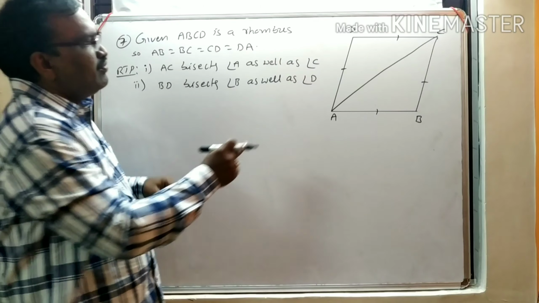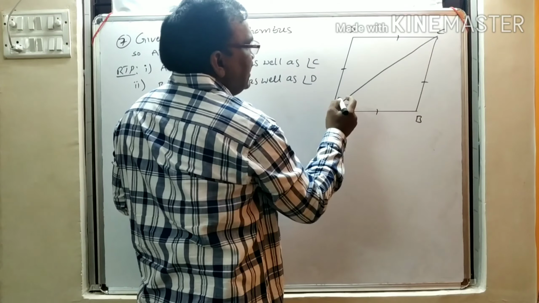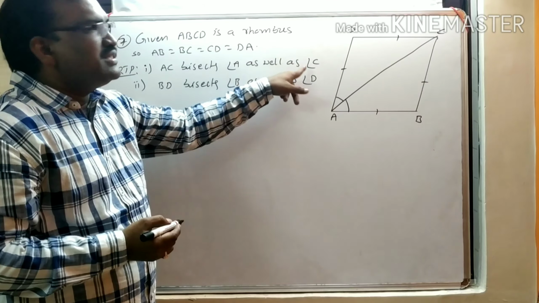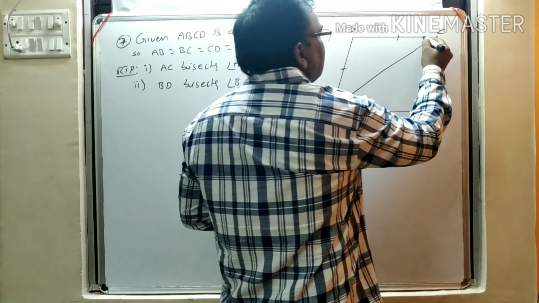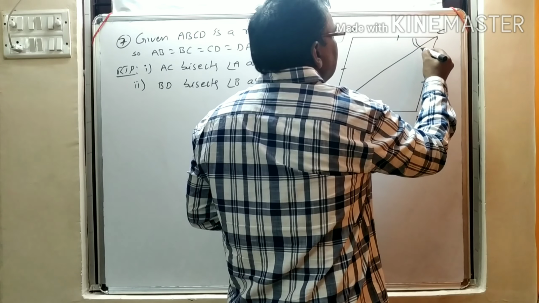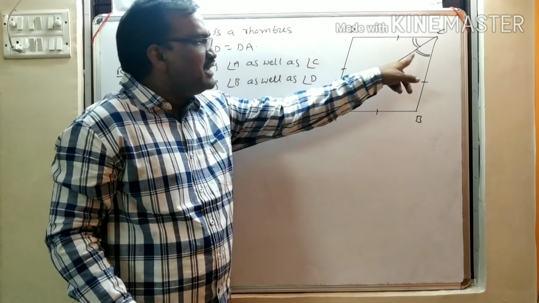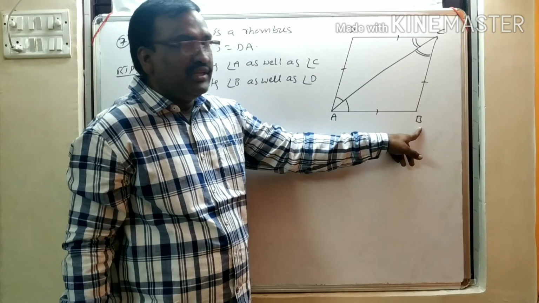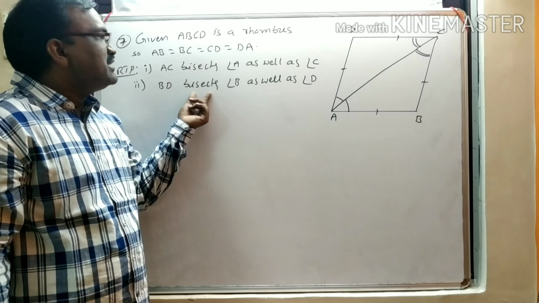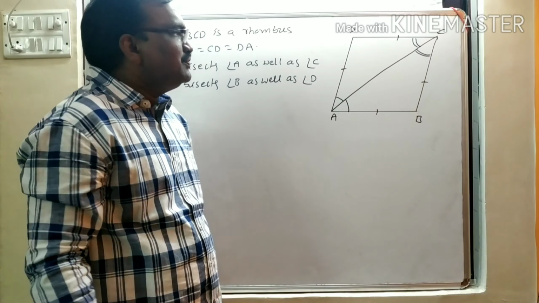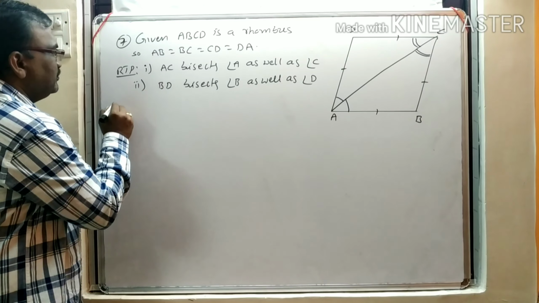RTP: one, AC bisects angle A as well as angle C. Another condition, BD bisects angle B as well as angle D. See the proof.